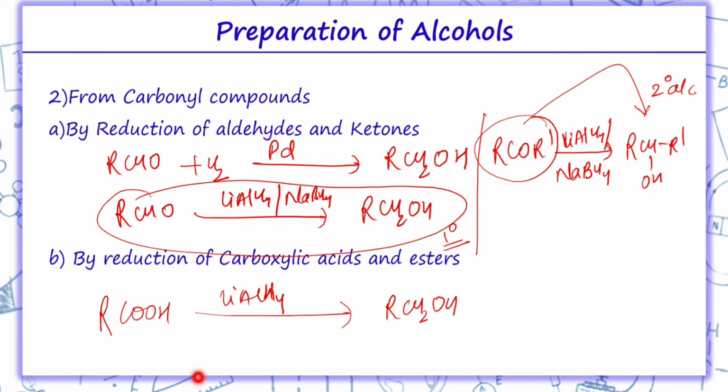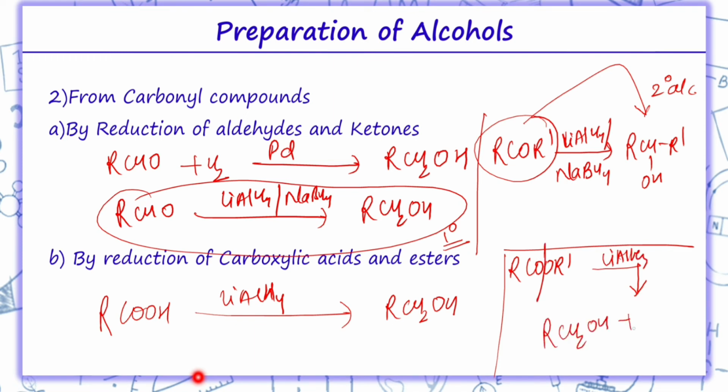Similarly, if we take esters over here, RCOOR dash, with LiAlH4 this bond breaks and thus we get two types of alcohol, that is RCH2OH plus R dash OH. So this is how we can prepare alcohols from carbonyl compounds.